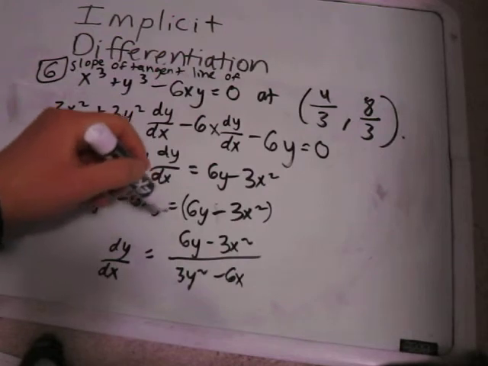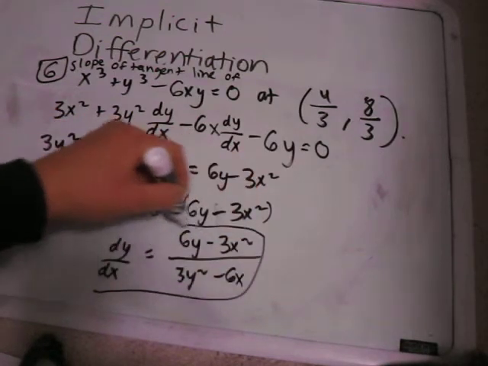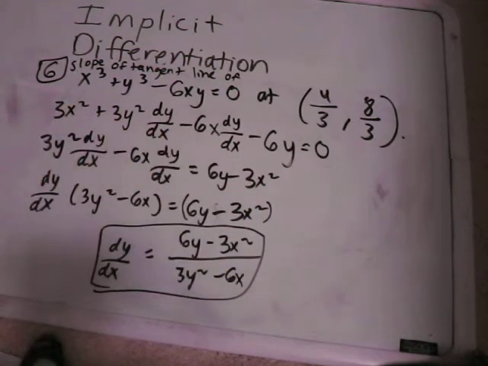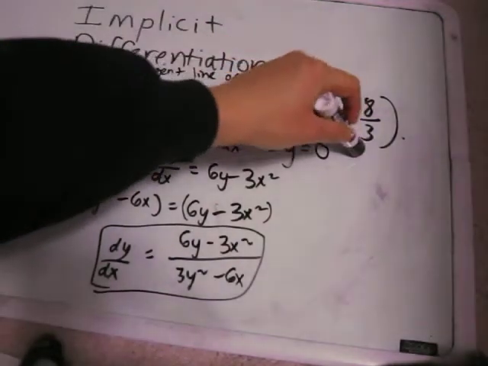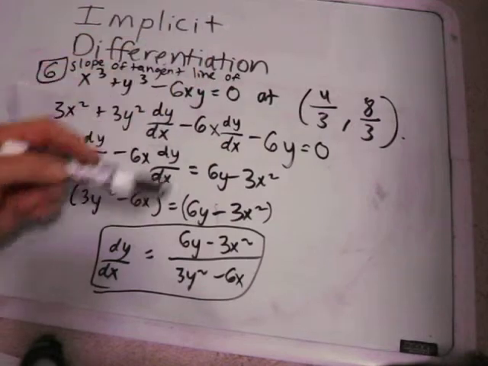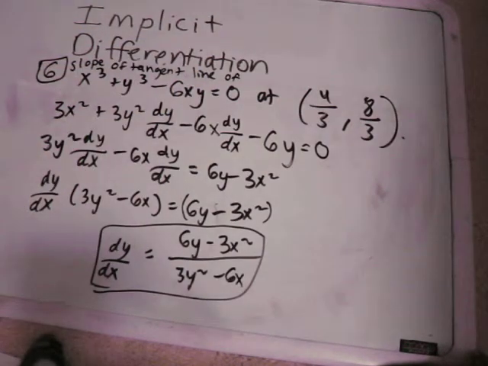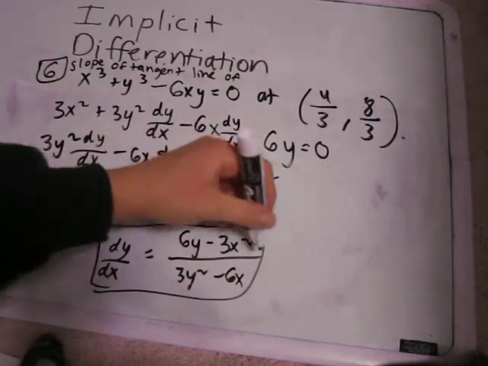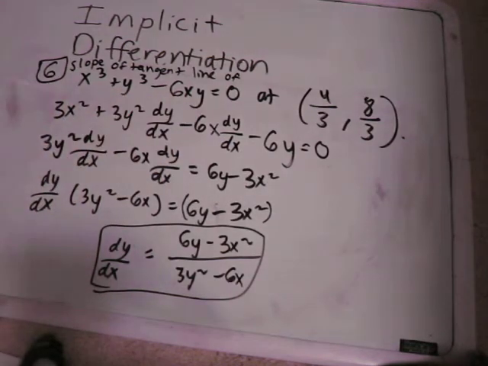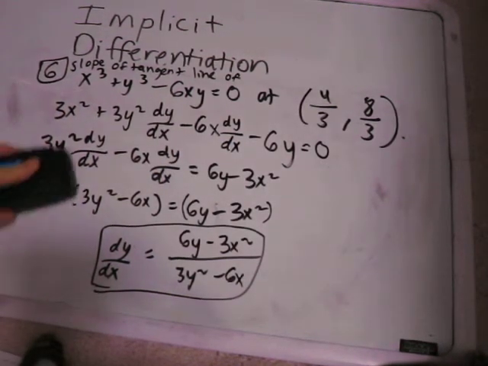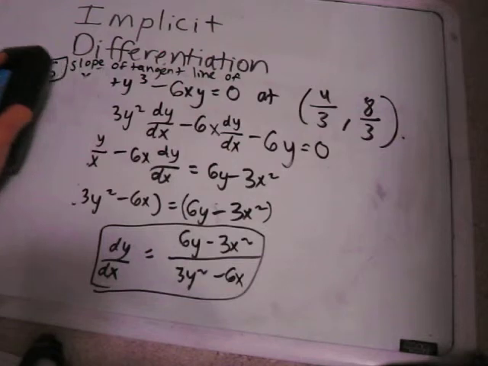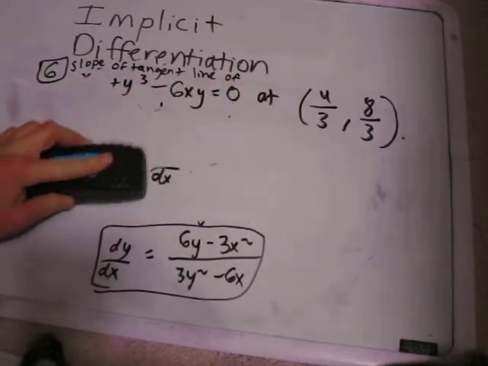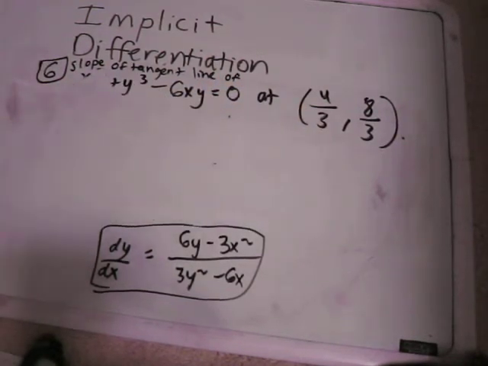So now that we have this as our dy/dx, that's our slope equation, but this problem asks us to plug in a point for that. So I'm going to erase this work up here, and then use that space to plug in our point.